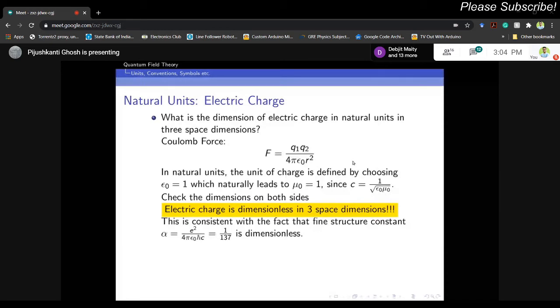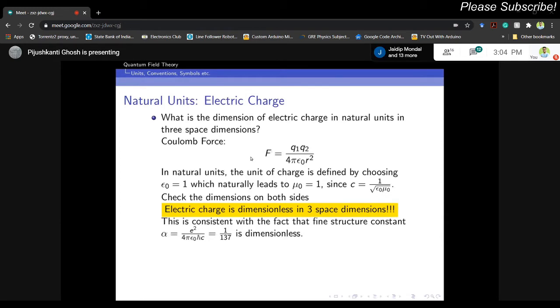So dimension on the left hand side is M L T minus 2. So L T minus 2 you can simplify further as M T inverse, right? Yes, sir.